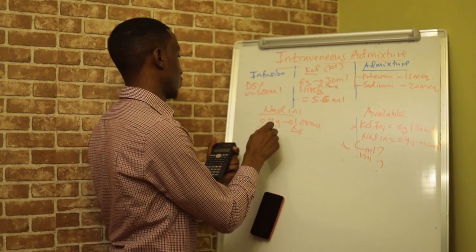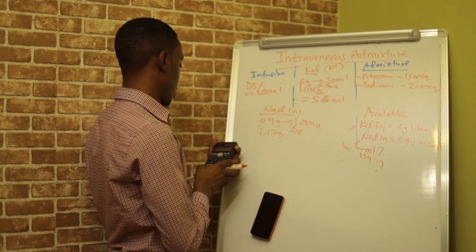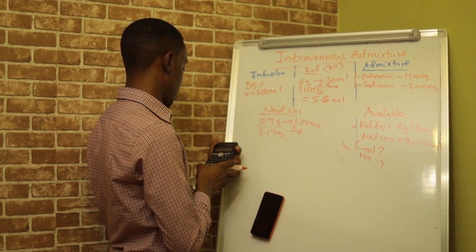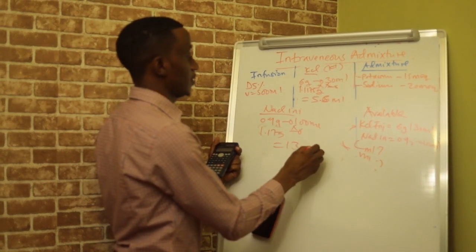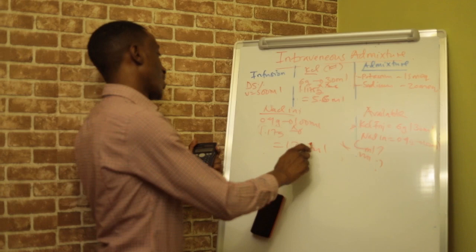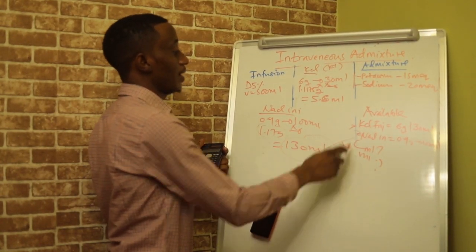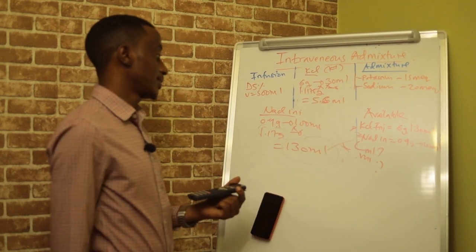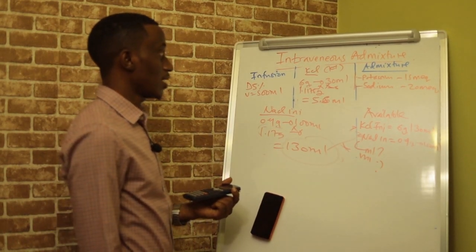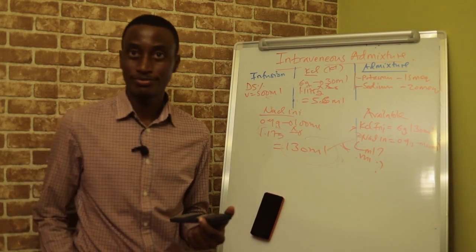Substitute 1.17 grams, multiply by 100, divided by 0.9, and you get 130 mL. So 130 mL of sodium chloride will be drained from here, and 5.6 mL of potassium chloride shall be drained and put into an infusion.